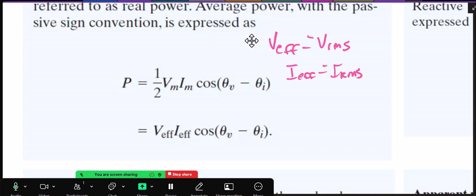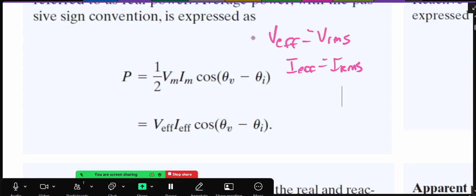So whenever you see effective, that's the same as RMS.